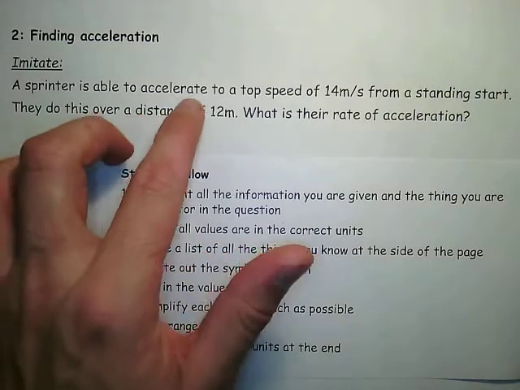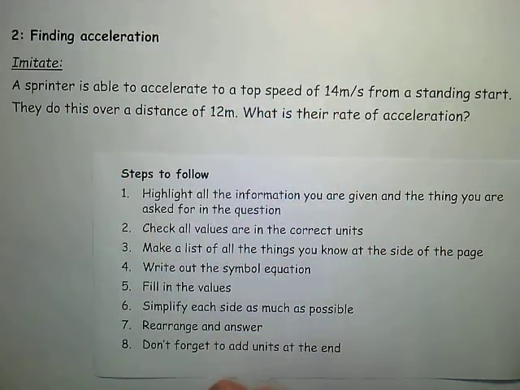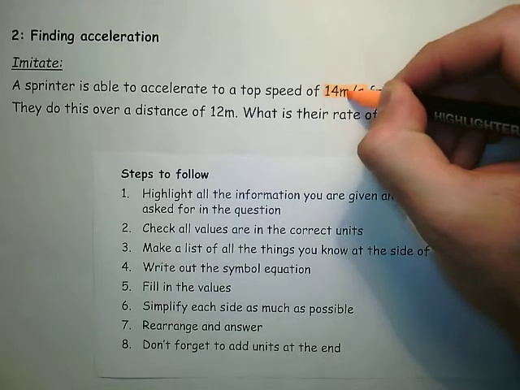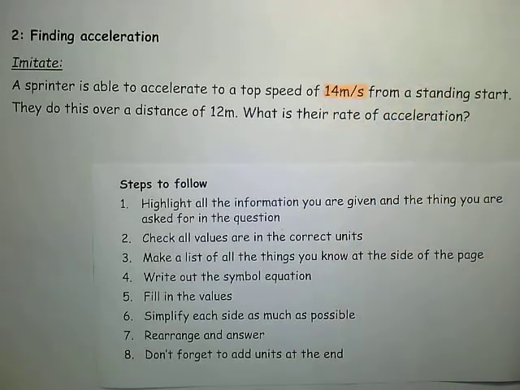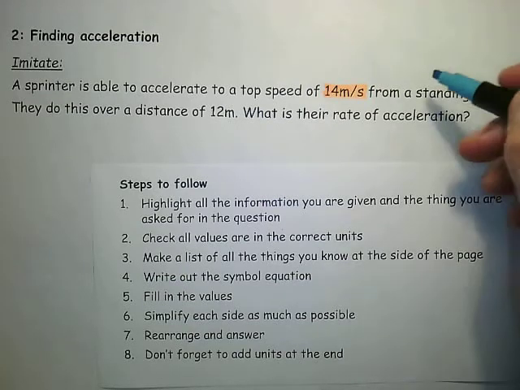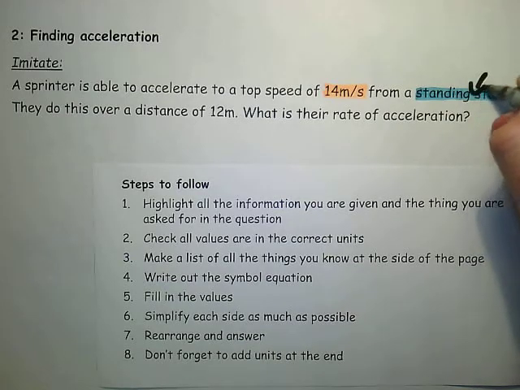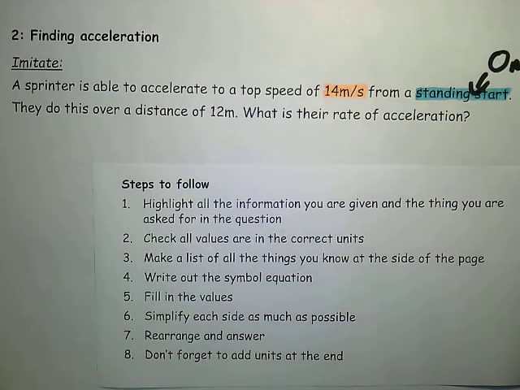A sprinter is able to accelerate to a top speed of 14 meters per second. So the top speed, 14 meters per second, is going to be your final velocity. From a standing start isn't a number, but it does tell us something: a standing start means 0 meters per second.